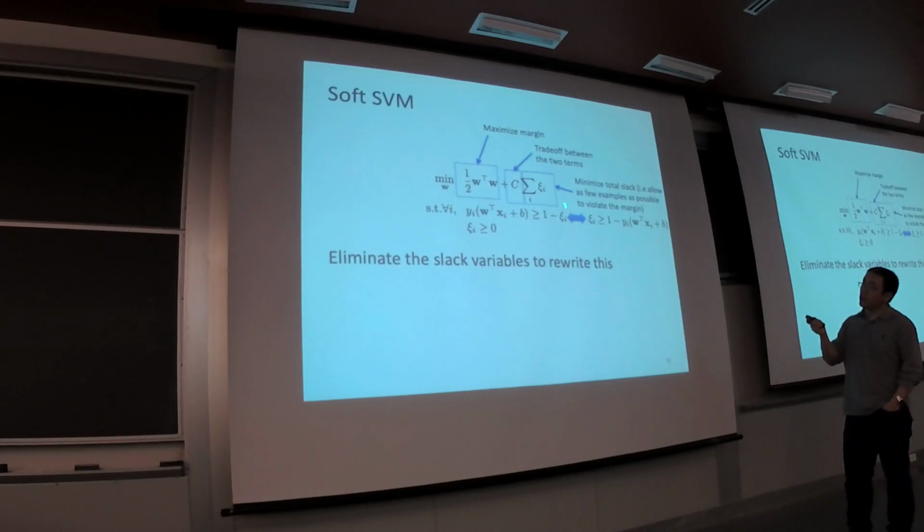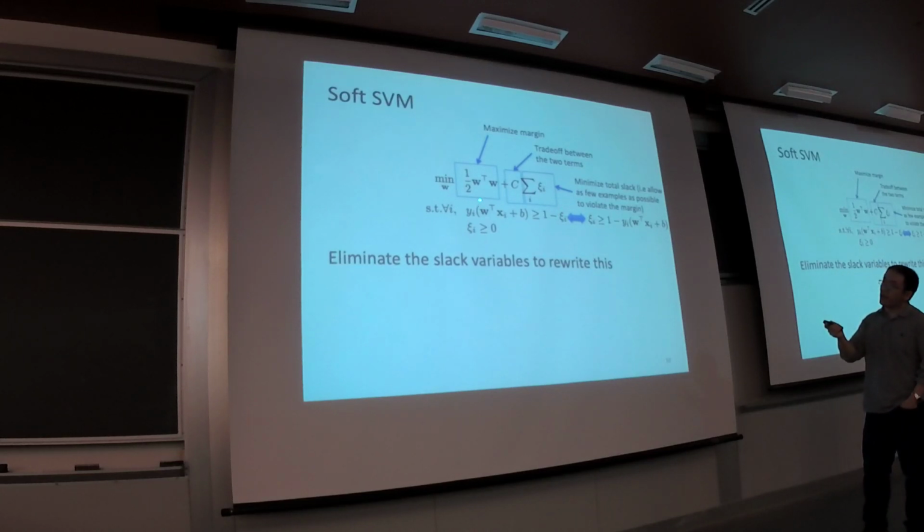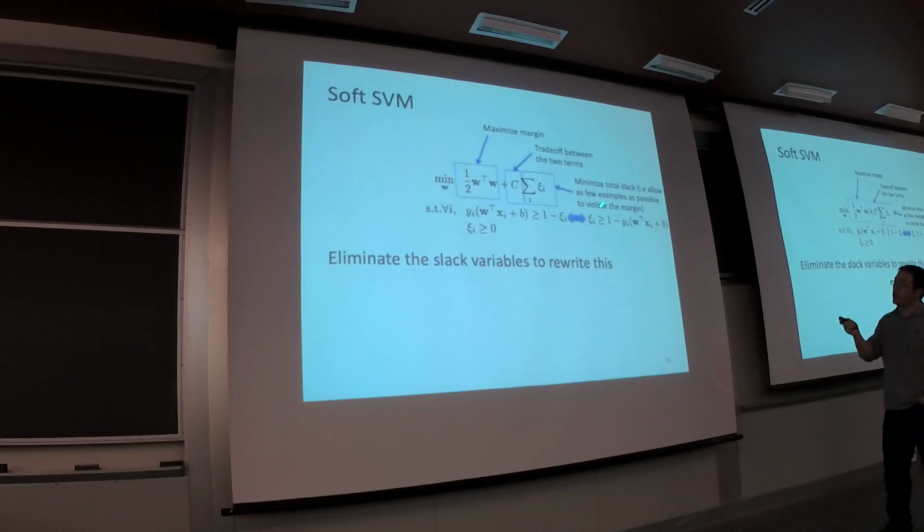For the first constraint, you can simply move ξi to the left-hand side and the function margin to the right-hand side. You see that this slack variable is no less than 1 minus the function margin, right? And for the second constraint, simply that ξi must be non-negative. So we combine them together. You know that ξi must be no less than the maximum of 0 and 1 minus the function margin.